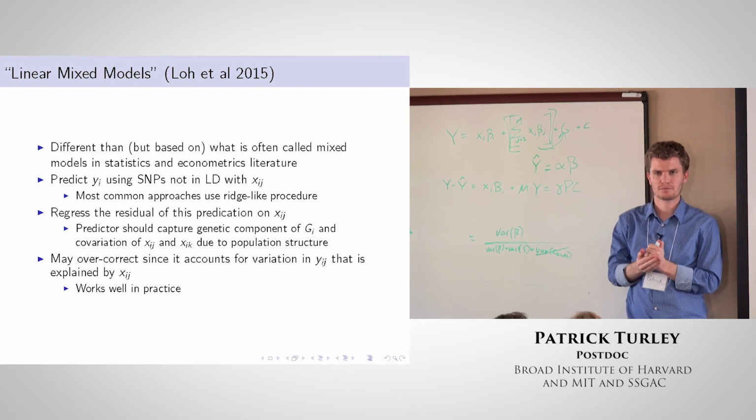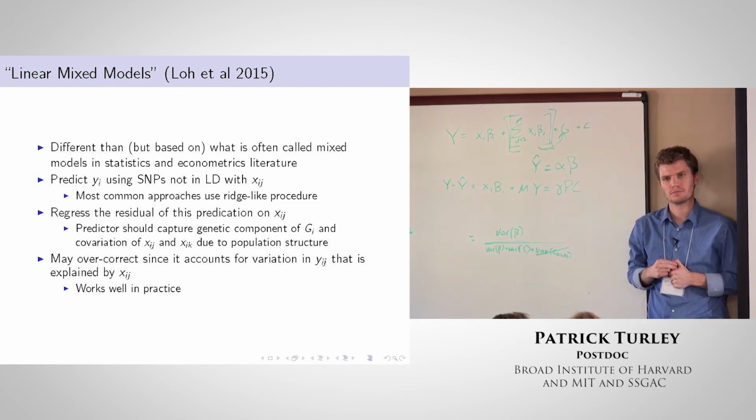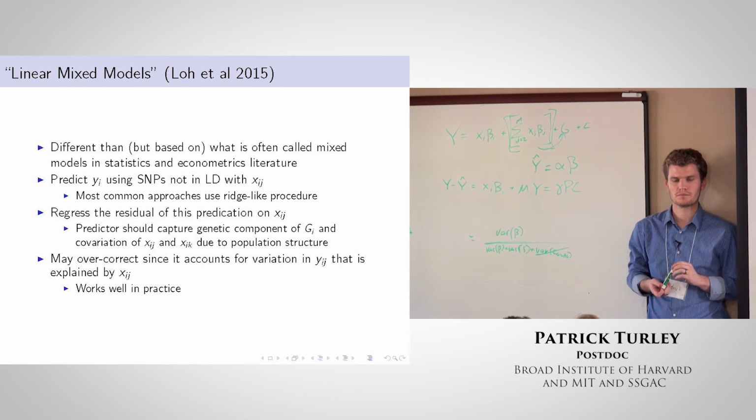Mm-hmm. And so there's still some assumption that the amount of bias you're getting is similar across chromosomes. Whatever the stratification is, you can kind of detect the stratification issue from the set of SNPs on that chromosome.